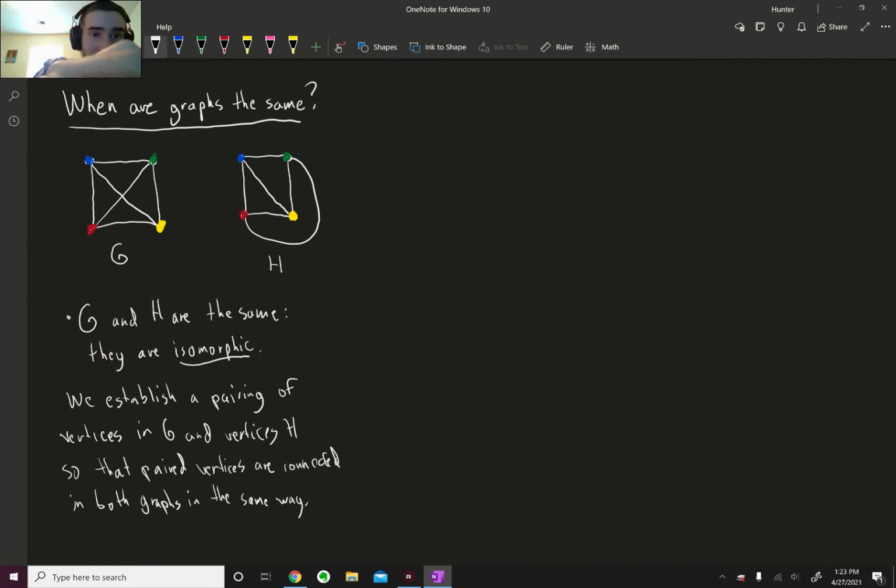So let me give an example of a graph which is not isomorphic to G or H. Actually, we'll give two examples. So the first example is going to be, I'm going to call this graph G prime. And G prime is immediately obviously not the same as G and H, because G prime has only three vertices.